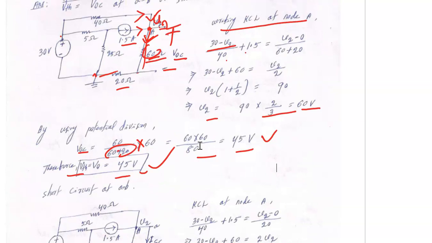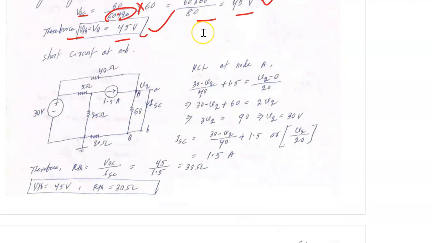Now come to the Thevenin resistance. As I have told you, better is to find the short circuit current here. So make a short circuit here between A and B. Once I made a short circuit, this current is 0.